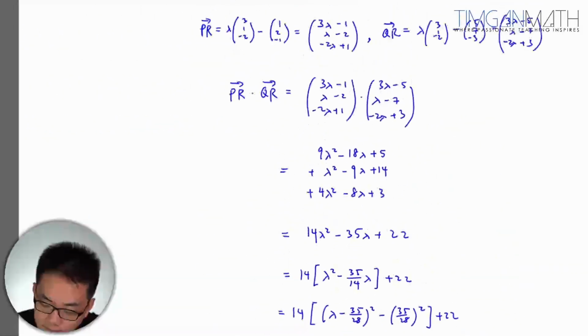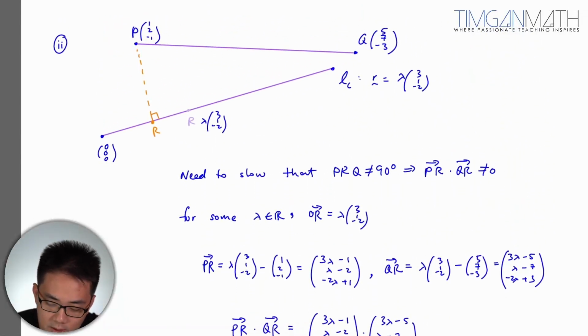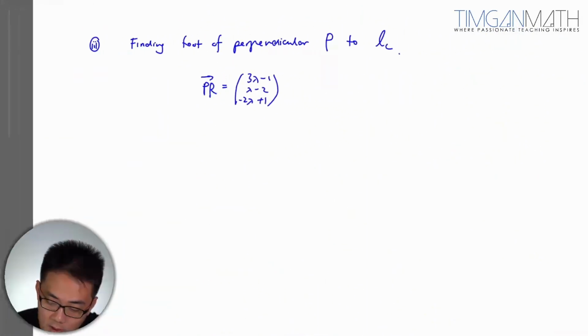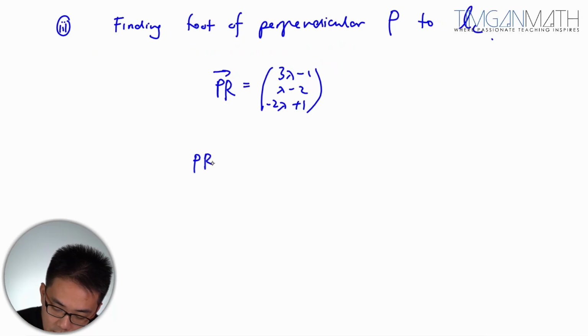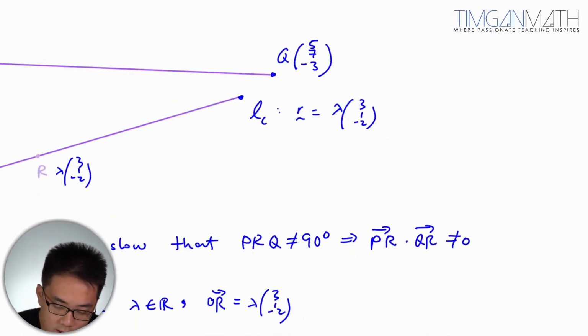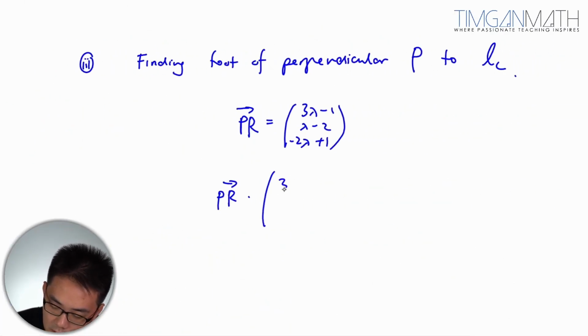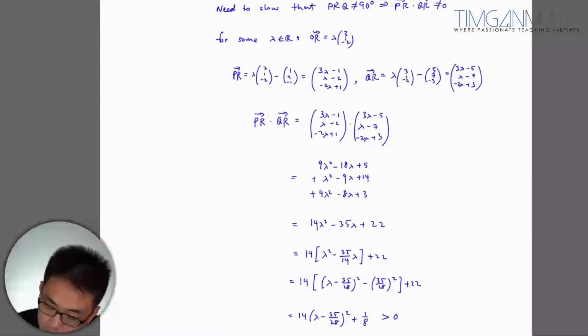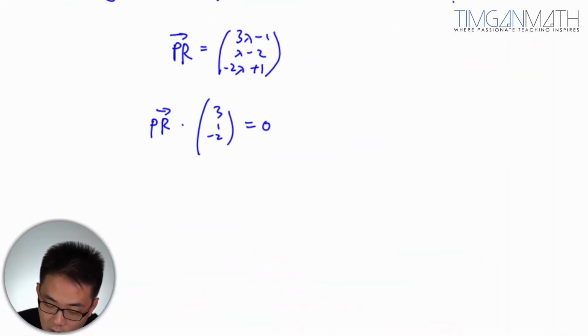So once this is done, what we need is it to be 90 degrees. So PR dot with (3, 1, -2) will be 0, because it's 90 degrees. Correct? I think the dot product should be quite okay.